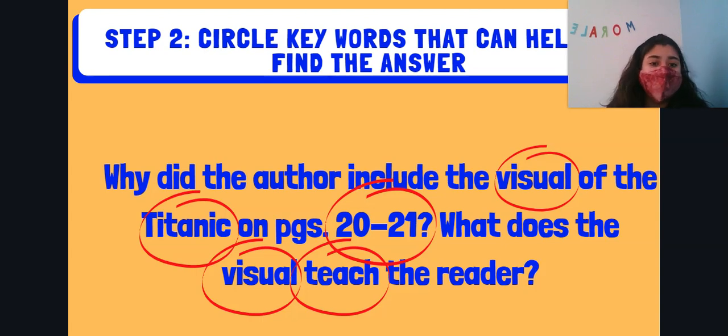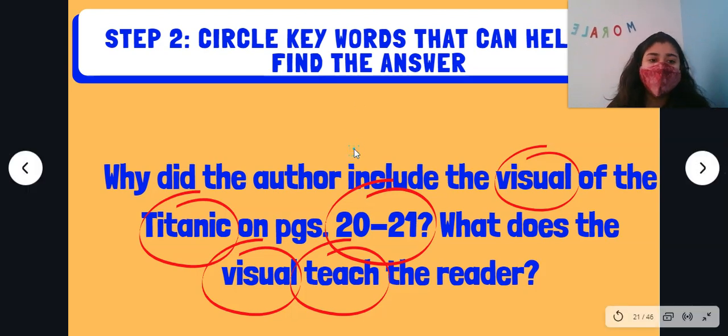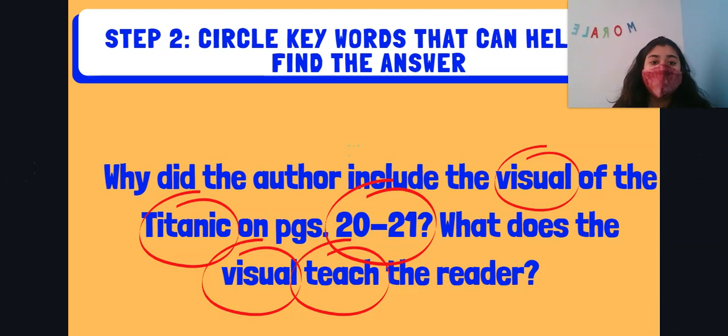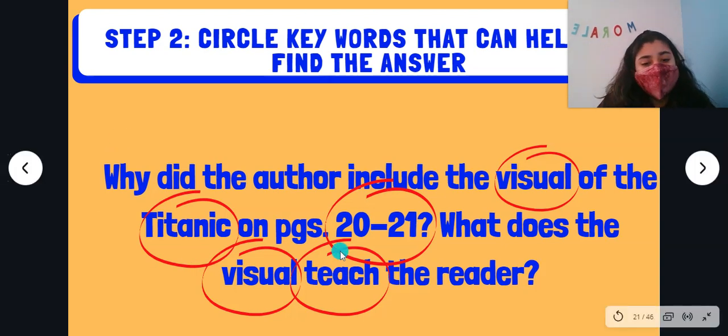If we see an illustration or a photograph of a person or maybe of an item, we know we are looking at the wrong image. I've also circled 20 to 21 because it is telling me where in the book I need to look for this image. And I circled the word teach. We need to know what we learn from this visual.